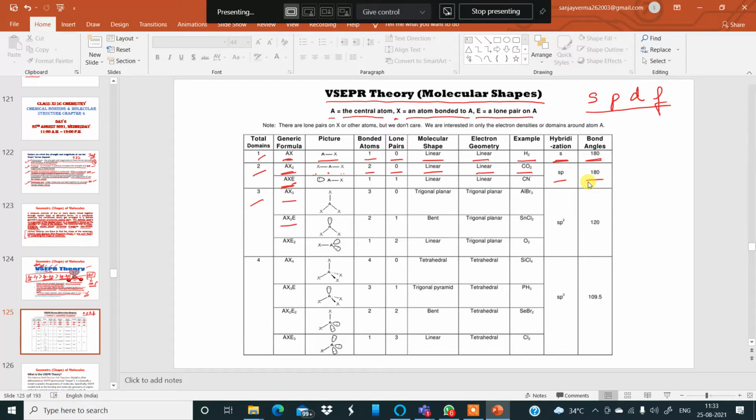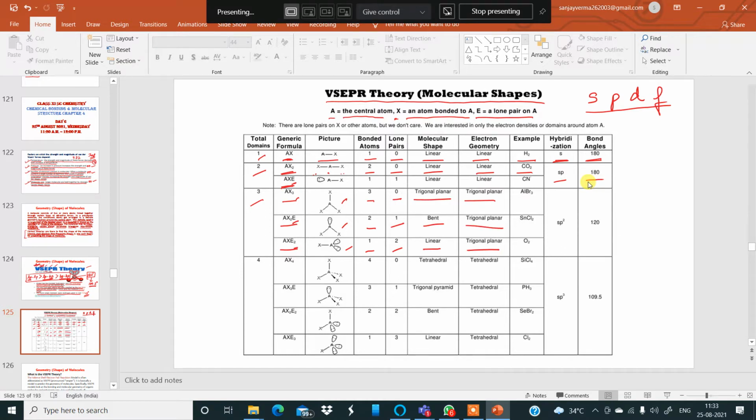Then moving to the third domain: AX3, AX2E or AXE2, meaning no lone pair, one lone pair, or two lone pairs. You can see the shapes here. The molecular shape when there are no lone pairs is trigonal planar. With one lone pair, it is bent. With two lone pairs, it is a linear molecule. The electron geometry is trigonal planar in all three cases.